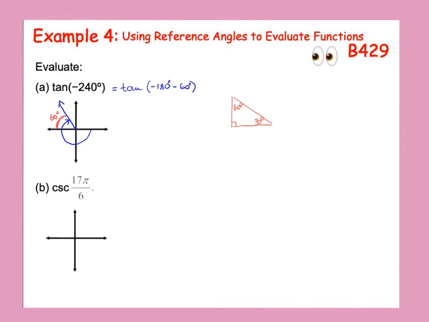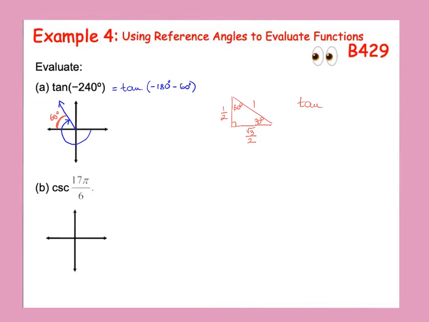And then here I have my hypotenuse is 1, my shorter leg is 1/2, and then my longer leg is √3/2. So this special right triangle you can see again on the bottom of the page of your unit circle. And then from here I need to evaluate tangent of 60 degrees.